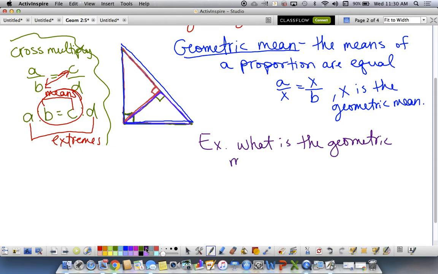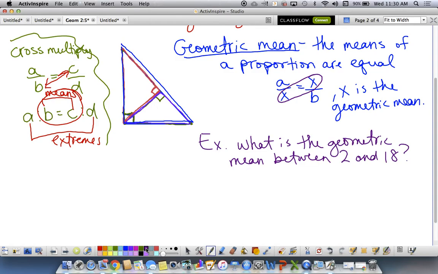What is the geometric mean between 2 and 18? Now, a geometric mean is very different than the mean, median, and mode stuff. Not the same type of mean. For a geometric mean, we're going to set up a proportion where the means, those x's, are the same.